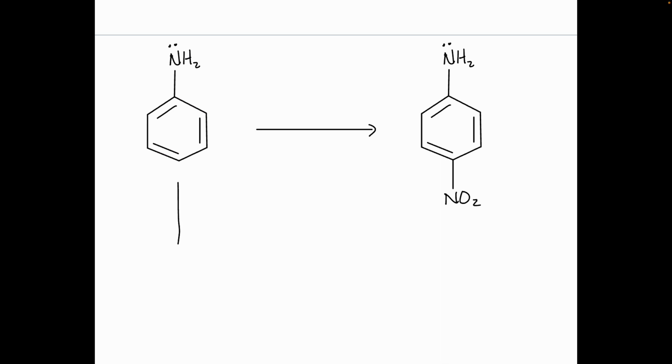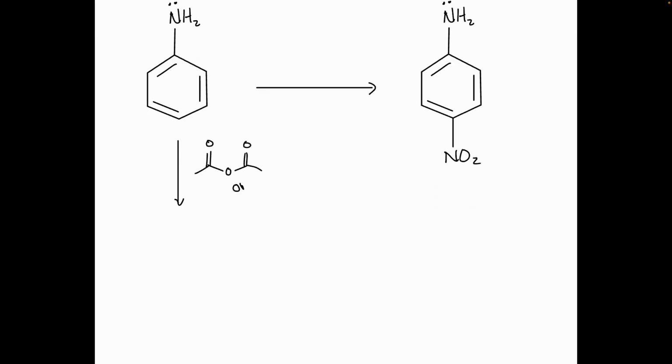All right, so we have to add a protecting group on here. That will make it so that that nitrogen is no longer basic or nucleophilic. We're going to use one of our more reactive carboxylic acid derivatives to turn this amine group into an amide group.